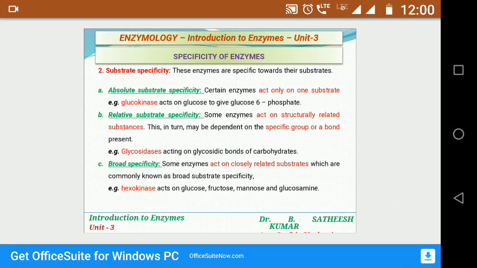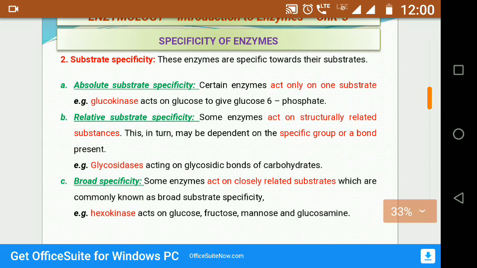Okay, and the third specificity, the important specificity of the enzyme, is substrate specificity. Most of the enzymes depend on the structure of the substrate, so that is why a particular substrate fits in the active site of the corresponding enzyme only.